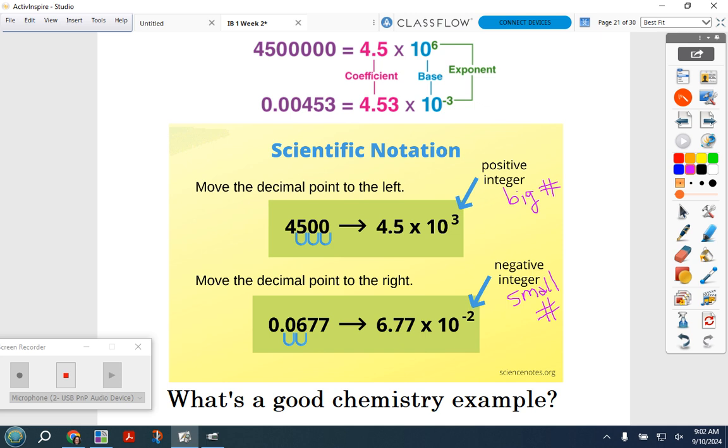But it's also convenient for shrinking a number that either has a lot of zeros in front of it or a lot of zeros after it, and also for dealing with this ambiguous zero, trailing zero problem. Because if this is 4.5 times 10 to the third, that's telling us that there are only 2 significant digits in that 4,500.